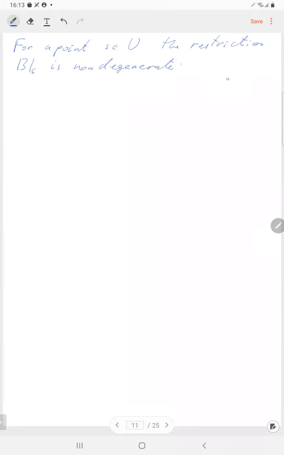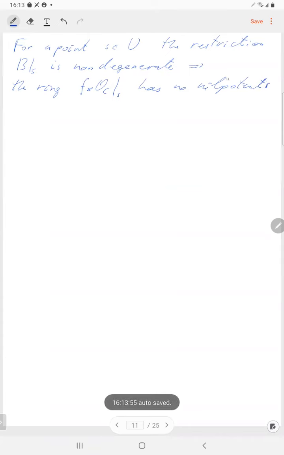So it means that the push forward restricted to this point S has no nilpotence. Otherwise the radical in the sense of algebra will be contained in the radical of this form in the sense of bilinear forms, right?